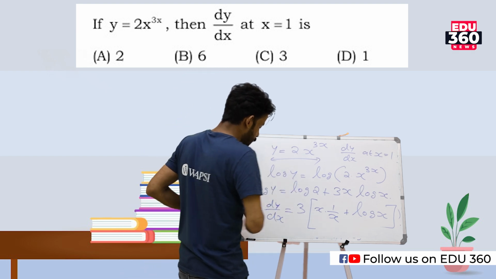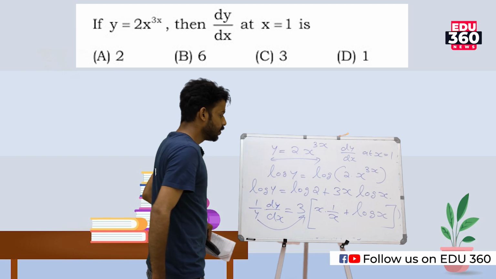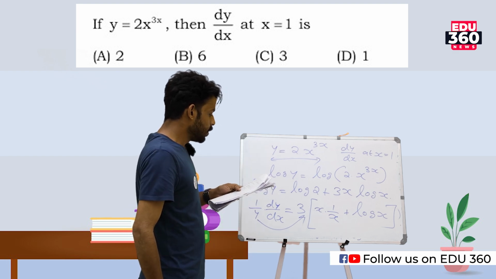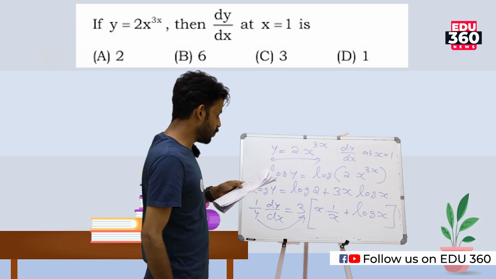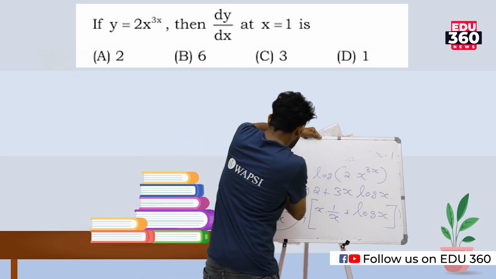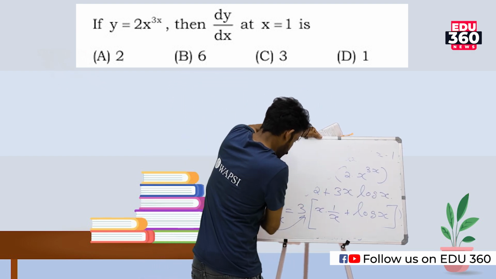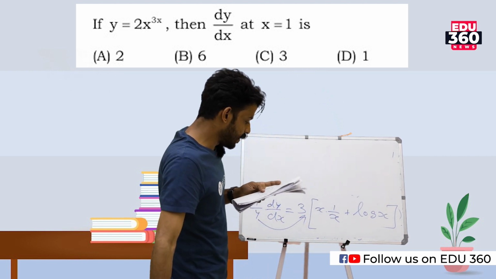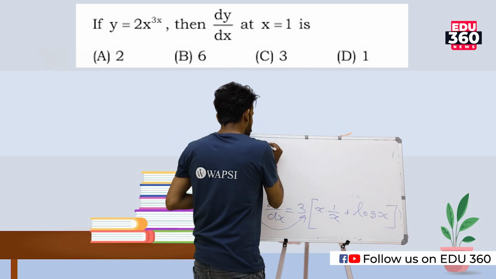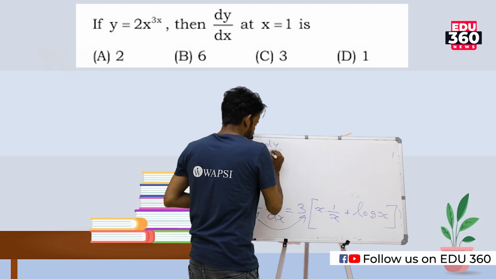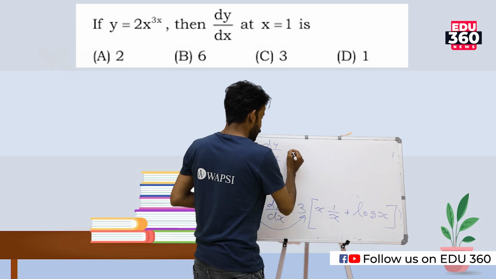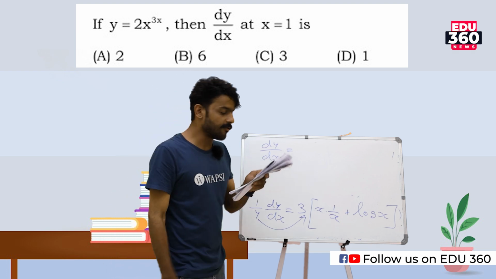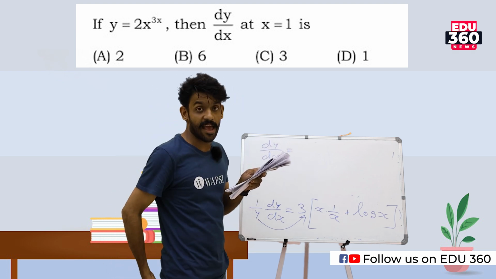In the next step, we can move the y to the right hand side, putting dy by dx on the left hand side. We know that y is given in the question as y is equal to (2x) raised to 3x.